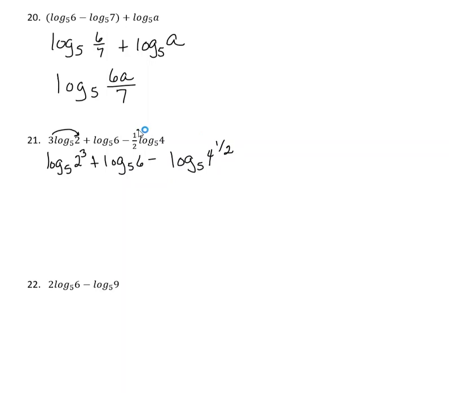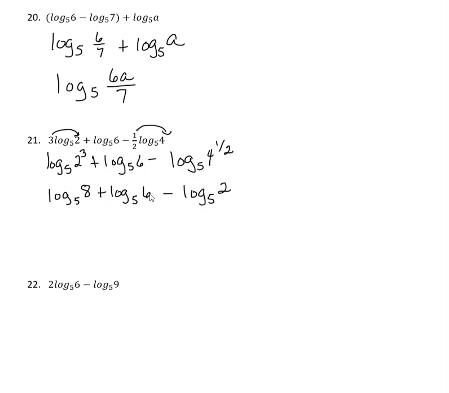I'm just taking this 1/2 and moving it to the exponent here. So this is going to be the log base 5 of 8 plus the log base 5 of 6 minus the log base 5 of 2, right? 2 cubed is 8. 4 to the 1/2 power is the same thing as the square root of 4, which is 2.